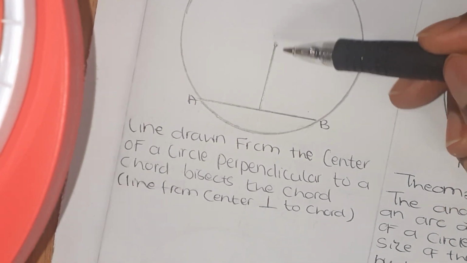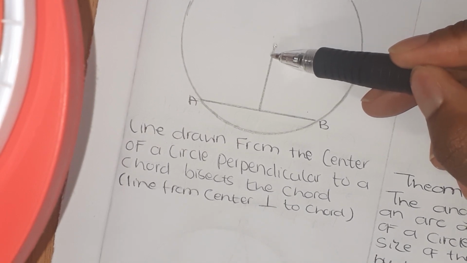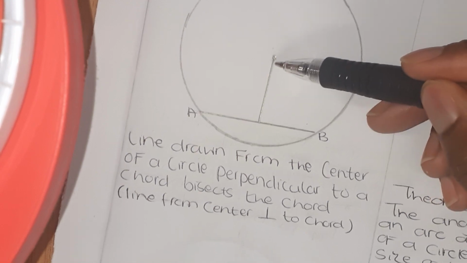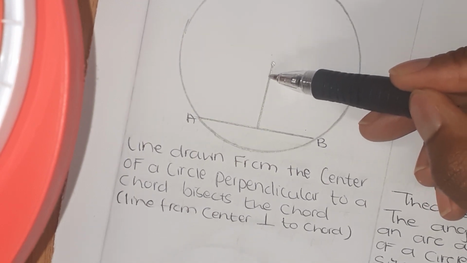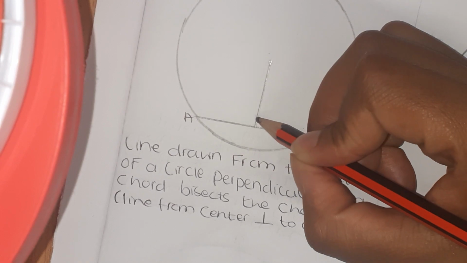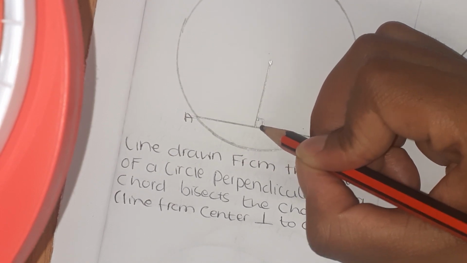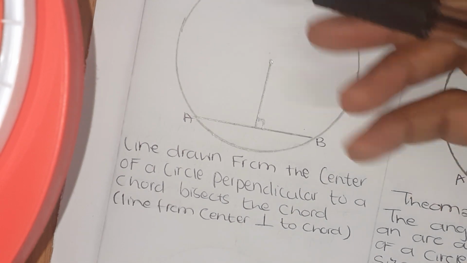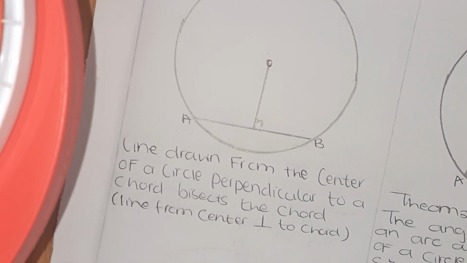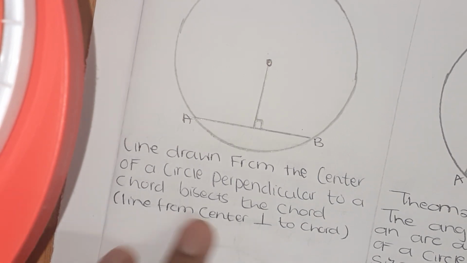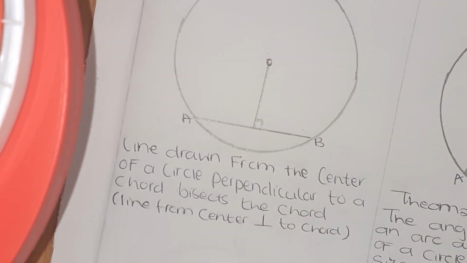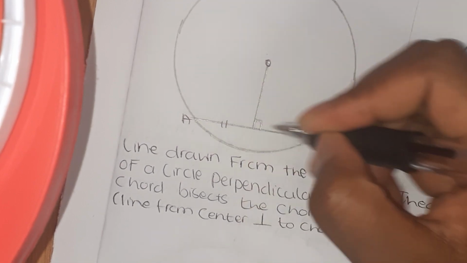What that means is, if this is a circle, you draw a chord, and this is the center, you draw a line from the center bisecting the chord. Perpendicular means we are going to form 90 degrees, right? So a line drawn from the center perpendicular to the chord bisects the chord. This is drawn exactly at the center, so it cuts this into half. That will be indicated by this.